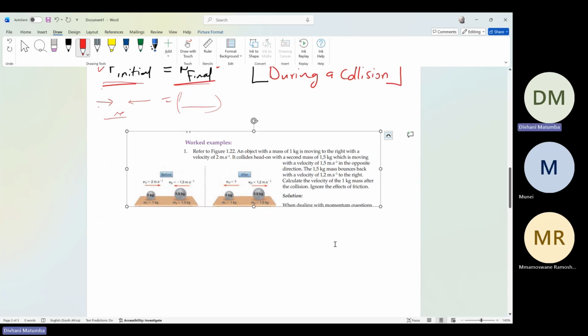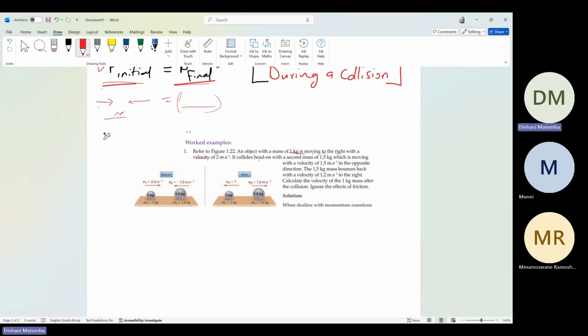We are going to do this example together. In figure 1.22, an object with a mass of 1 kg is moving to the right with a velocity of 2 meters per second.